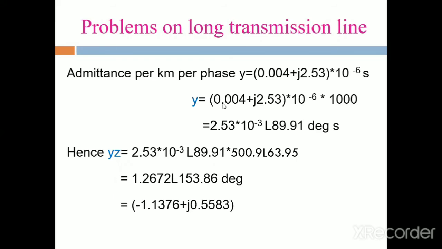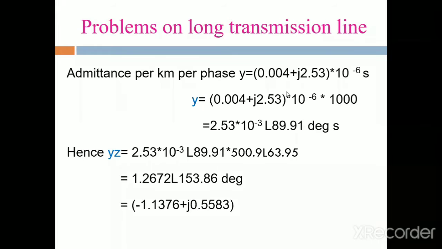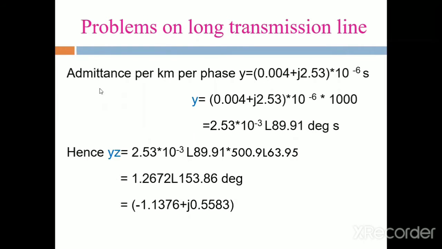Okay, Y is equal to G plus jB, and we substitute the G and jB values, then we obtain the Y. After that we calculate the total admittance, which is multiplied by 1000.